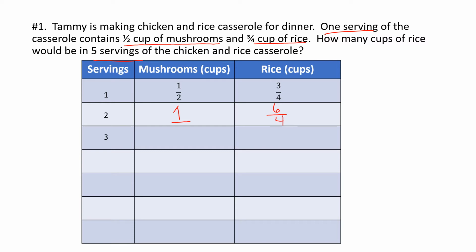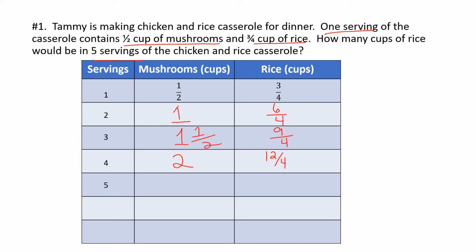3 servings would require 1.5 cups of mushroom and 9/4 cups of rice. 4 servings would be 2 cups of mushrooms needed, and 12/4 cups of rice needed. 5 servings, and this is the number of servings that we're asked about in the problem.